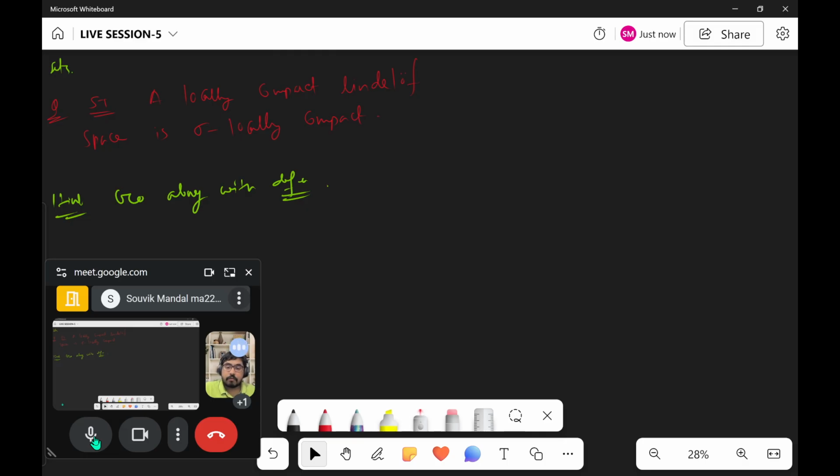Are you able to figure out how to start this problem? Any idea? Any guess? There is one student, Mustaq.